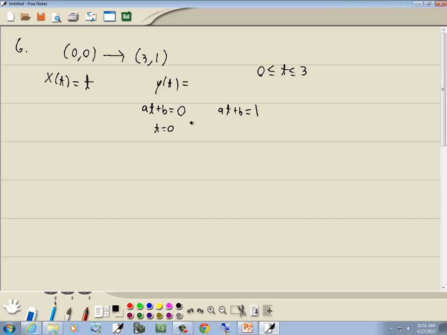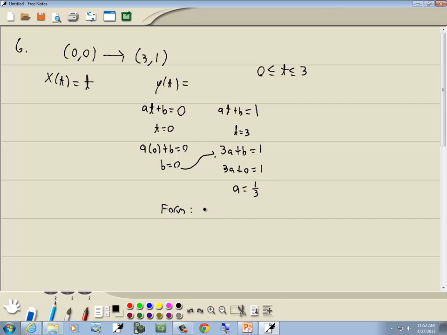I'll plug in t equals 0 here and t equals 3 there. So a times 0 plus b equals 0, which gives us b equals 0. Plugging in 3 for t, we get 3a plus b equals 1. Now if I plug b equals 0 into that, we get 3a plus 0 equals 1, or a equals 1/3.